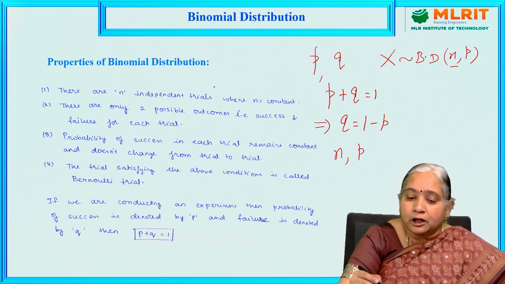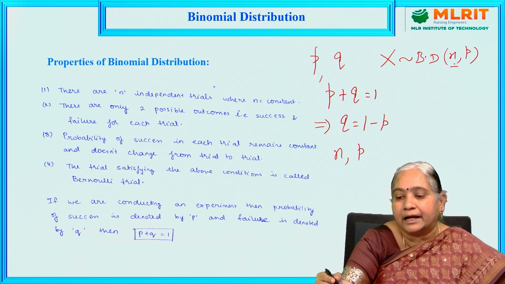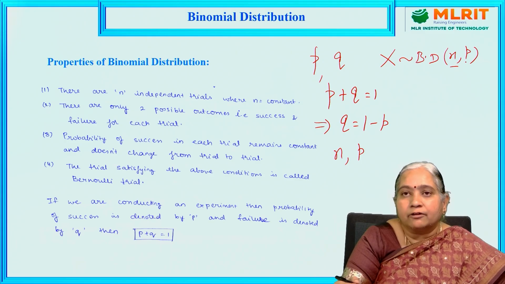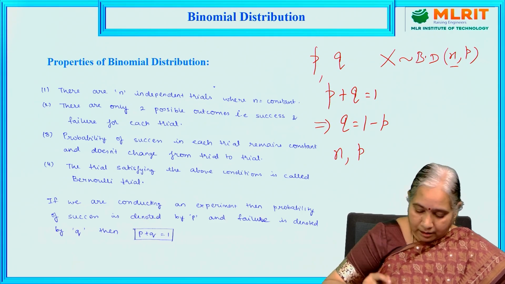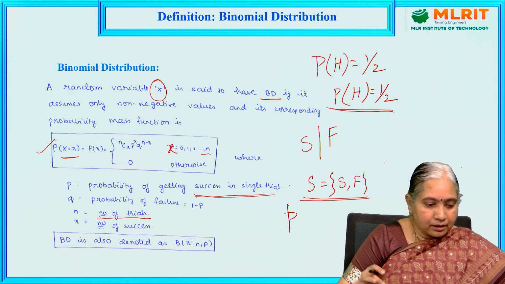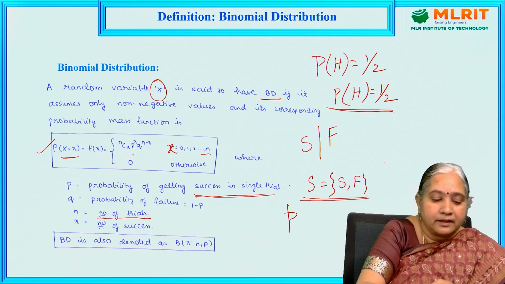Once we know the parameters n and p, we can find the probability of any number of successes by using this formula, P of x equal to nCx p power x q power n minus x.